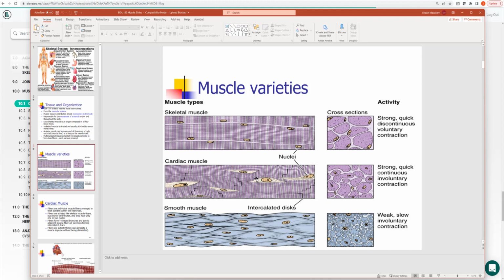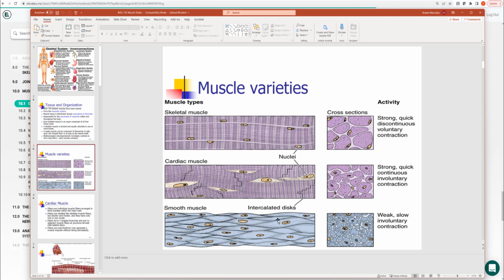And if you were to characterize cardiac muscle, you would say that it's also strong, it's also quick, but it's continuous, isn't it? Cardiac muscle works for us 24/7. It never gets a break. So cardiac muscle is continuous, whereas skeletal muscle is discontinuous. And you already know that cardiac muscle is involuntary. You can go to sleep and you don't have to worry about your heart beating.